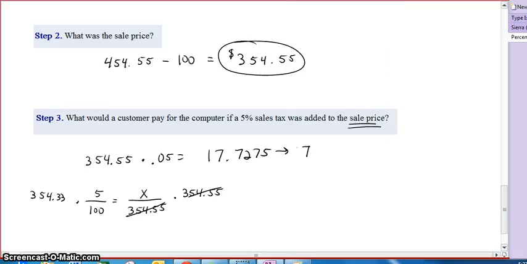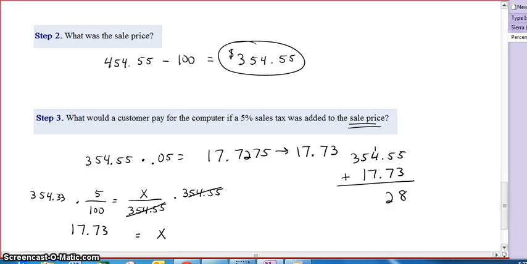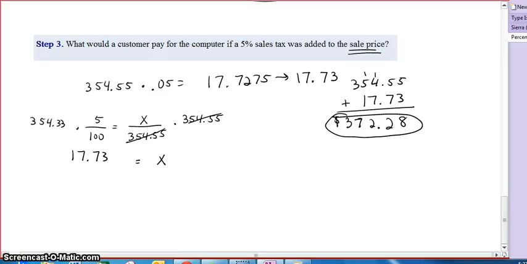Again, rounding to the hundredths. That's my tax. Now I have to add my tax, the 17.73, to the sale price. That computer that's on sale is going to end up costing you $372.28.